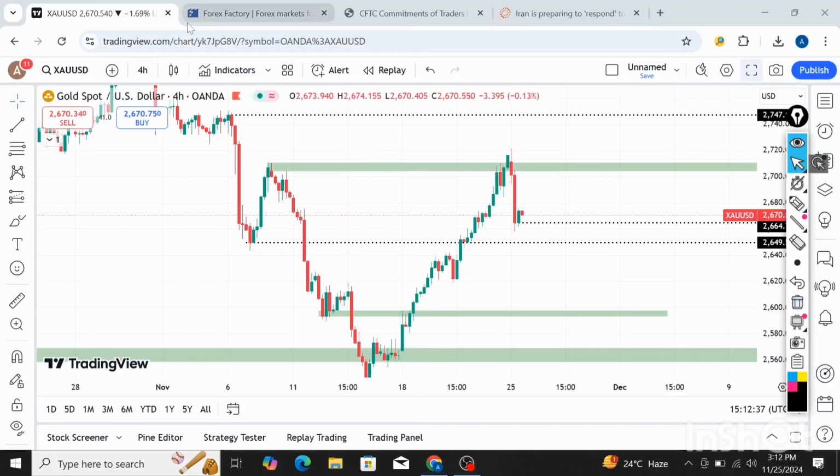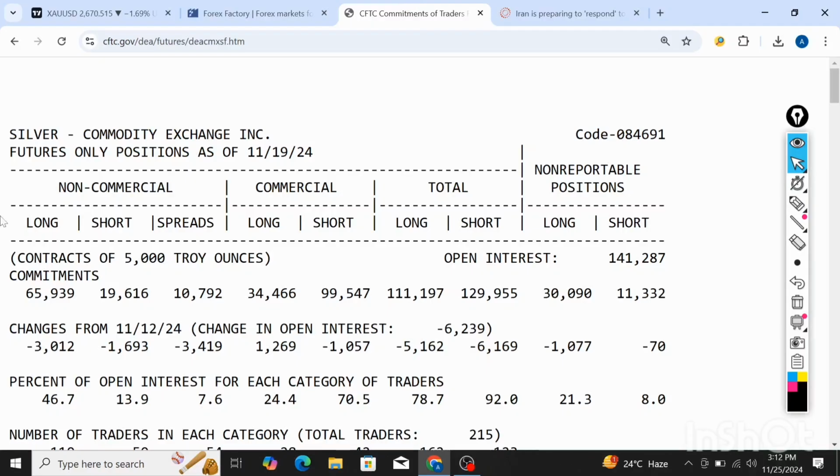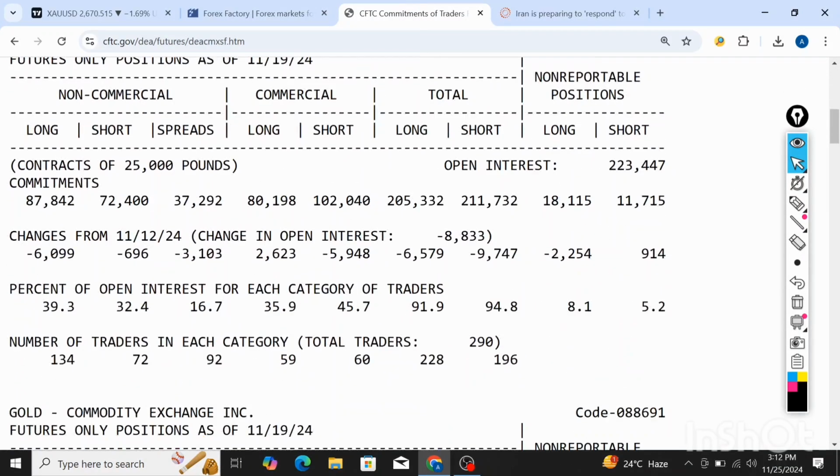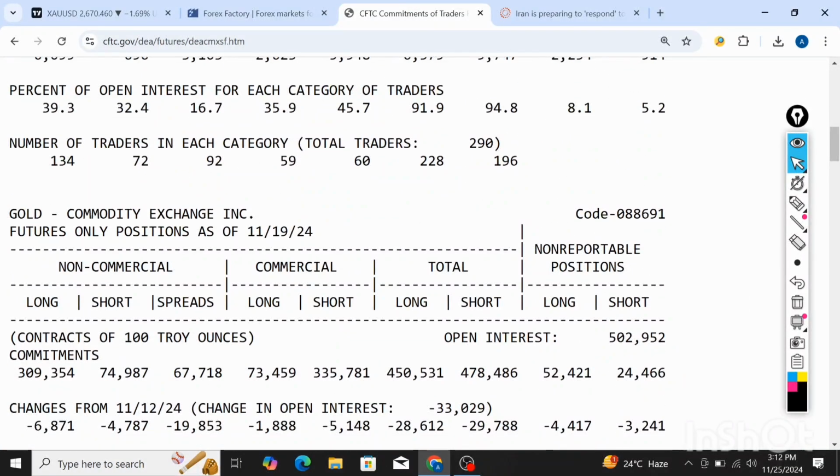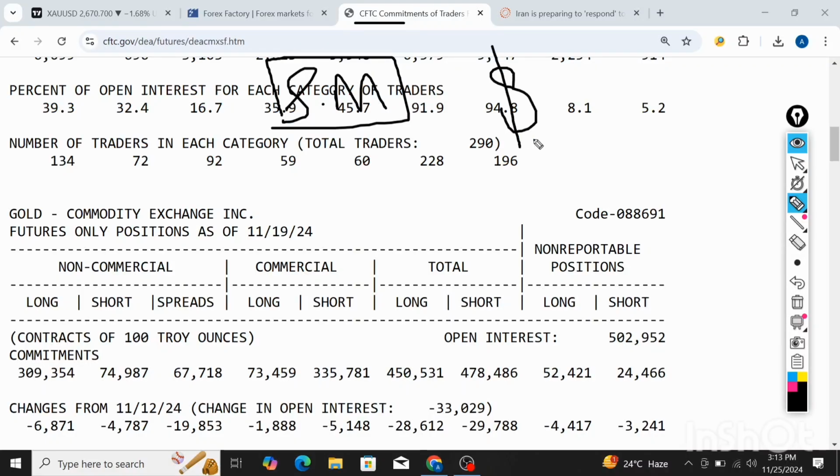Before the technical chart, let's move on to the main thing, which is the CFTC report. Let me introduce you to this report. The CFTC report is actually the smart money report. Most of you might have heard what smart money is. Smart money are known as the big money or the hedge funds, those people who have billions of dollars to trade with.